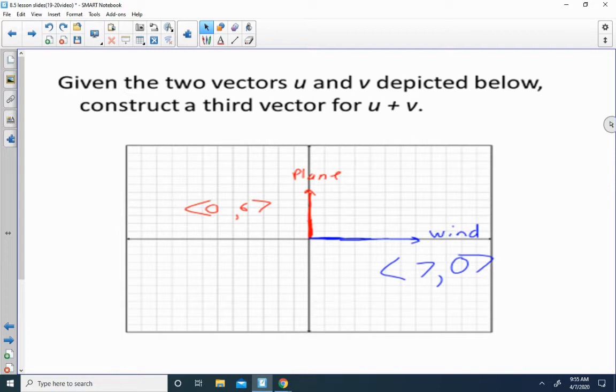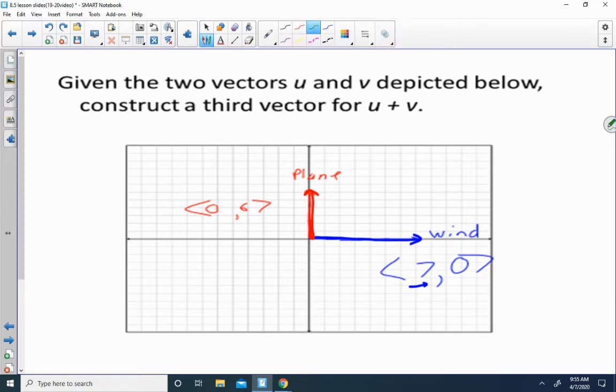To be specific, let's say the wind had a vector like this, where it was going 7 units to the right, but it didn't go up or down. It was perfectly going due east. Then let's say the plane had a velocity, or a vector, 0, 6. It's not going left or right, and it has a force of 6 going due north, or going upwards.